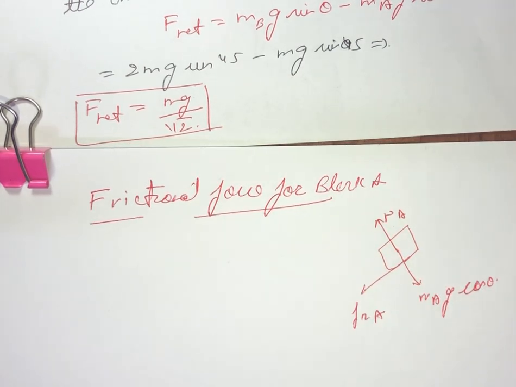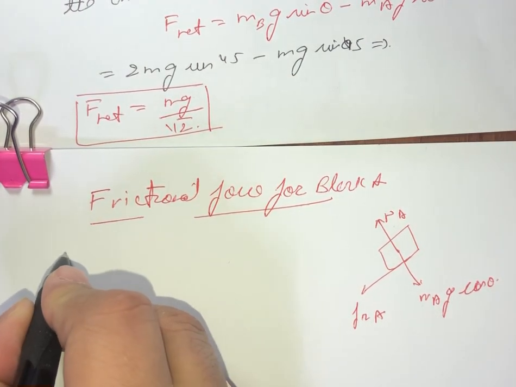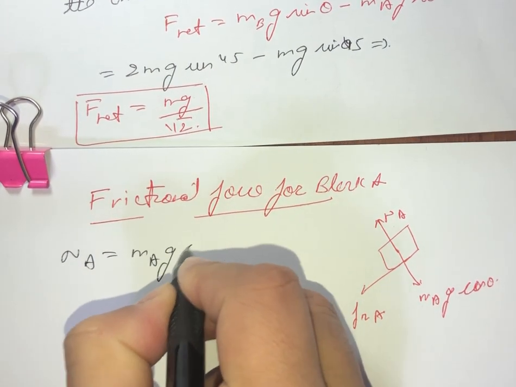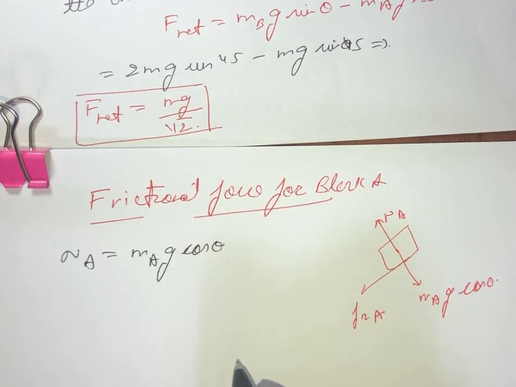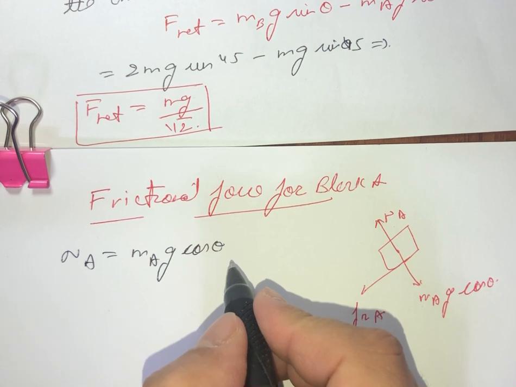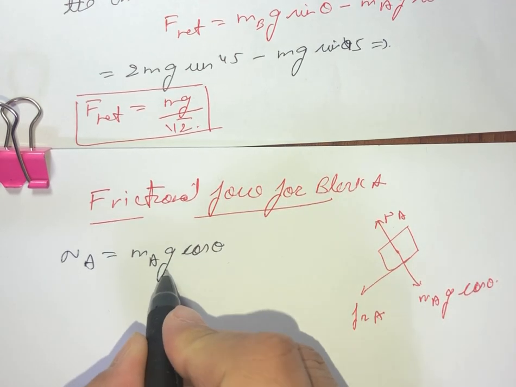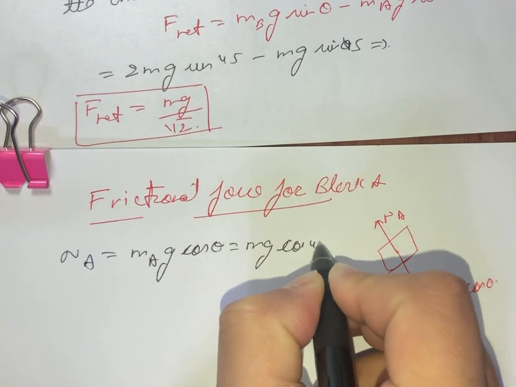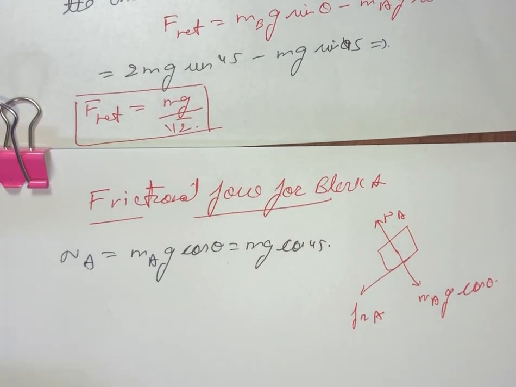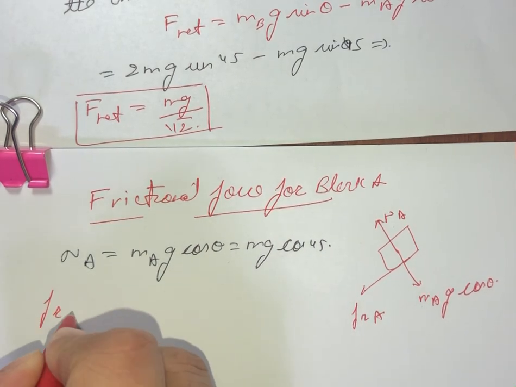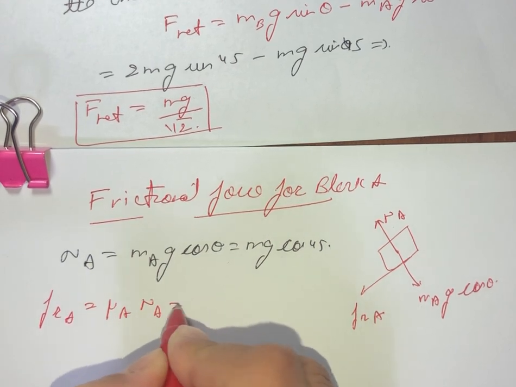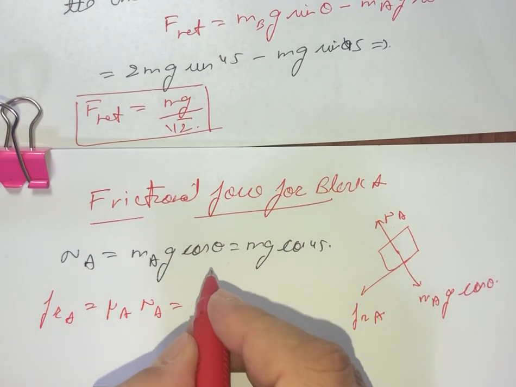From here we can say that our normal NA will be equal to MAG cos theta, which is mg cos 45. So the force of friction FRA will be equal to mu A multiplied by NA, and mu A is given as 2 by 3.